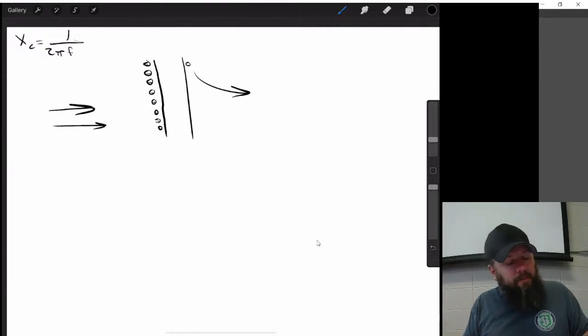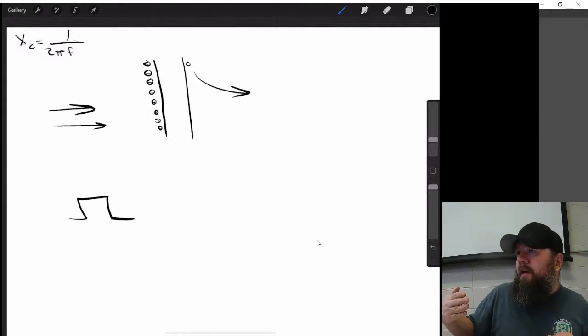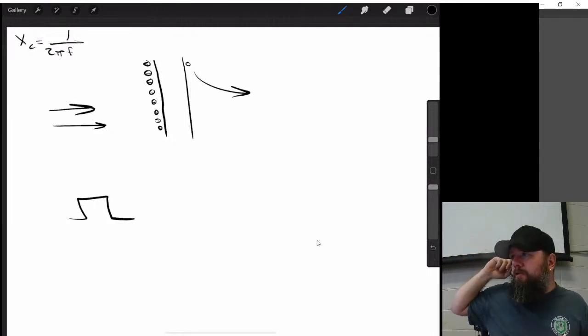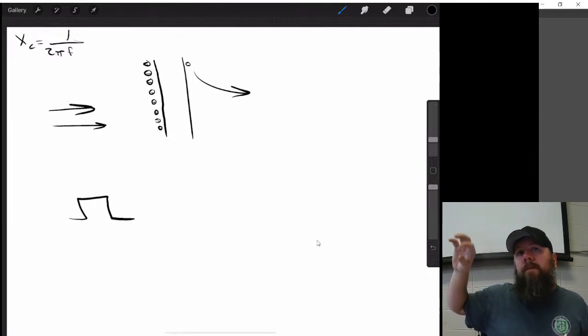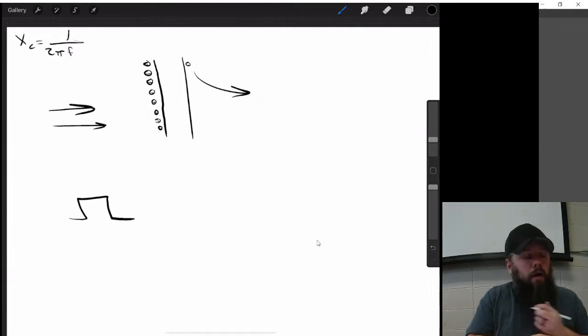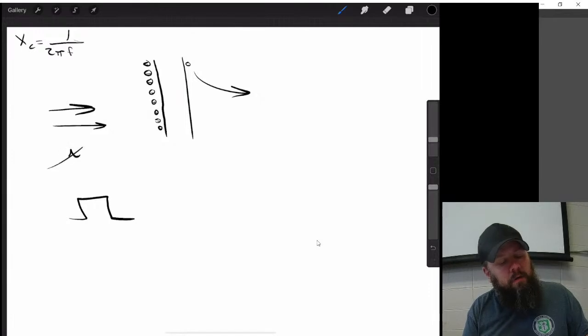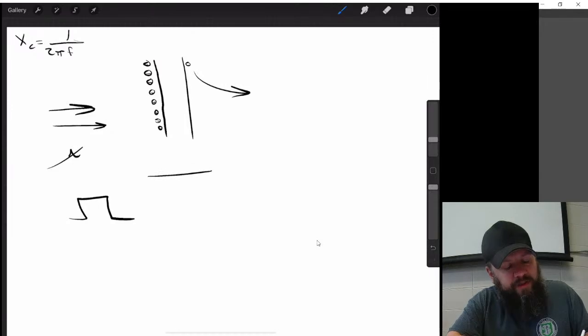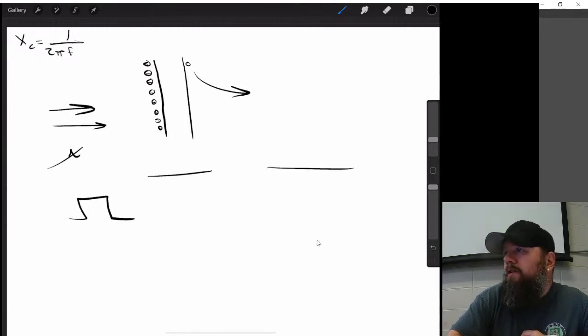Whenever I push that button and it goes from low to high, I actually have a change. And so I do see a little bit of current flow when I first flip that switch. That's it charging up and the electrons on the other side getting out of town. And then all of a sudden, my current stops and it looks like an open there. I've got a circuit and it just cannot get across there. It's got an open.